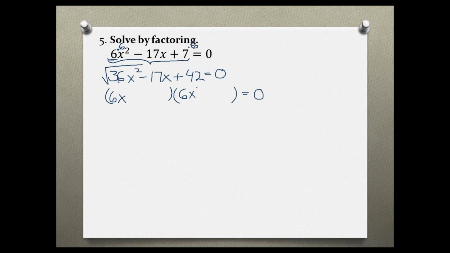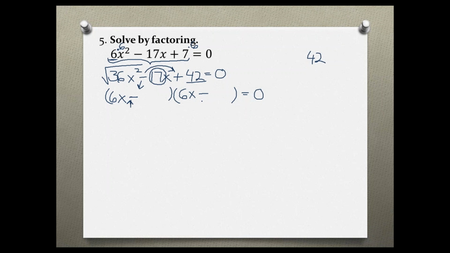And then I'm also going to look for the factors of the last number, 42, and I have to figure out my sign so I know if the factors of 42 will add or subtract to give me the middle number, just the number without a sign. So bringing down the first sign, which is a negative, and then multiplying the two signs together, a negative times a positive is also a negative.